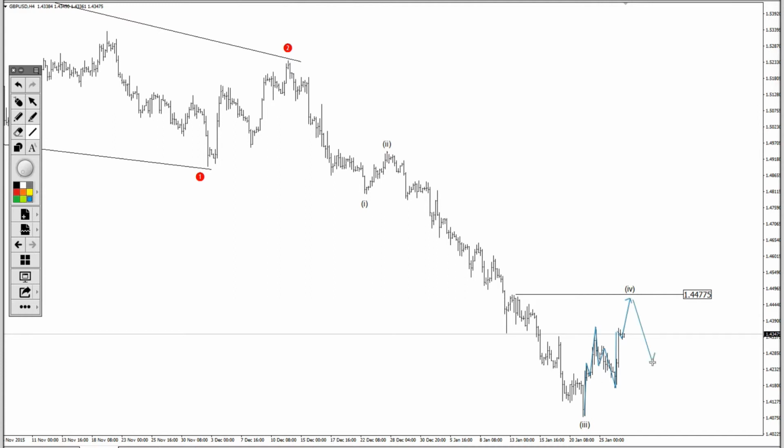And after that, we can expect the fifth wave to start and form to the downside, making new midterm lows below 140. Maybe there's an opportunity to trade this last part of the correction, but the upside is quite limited, so maybe it's best to stay away and look for the reversal and the opportunity to trade this to the downside, but make your own judgments.